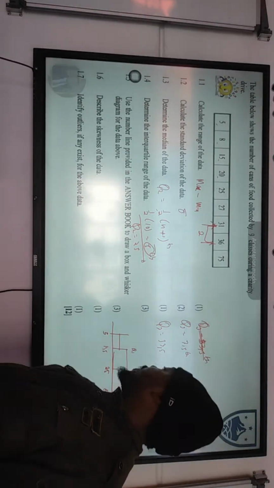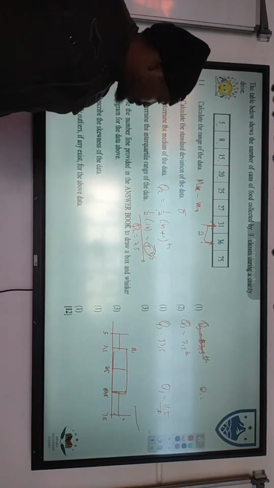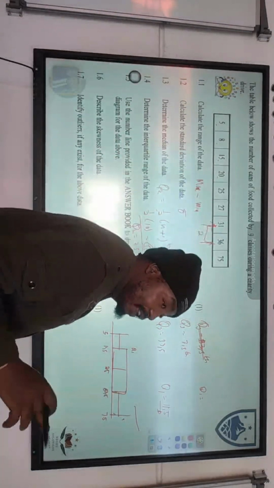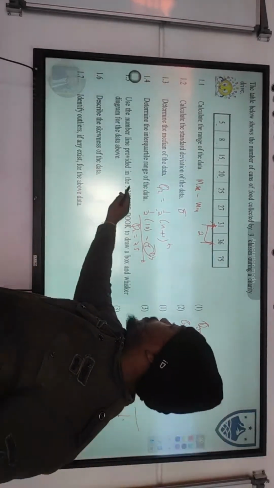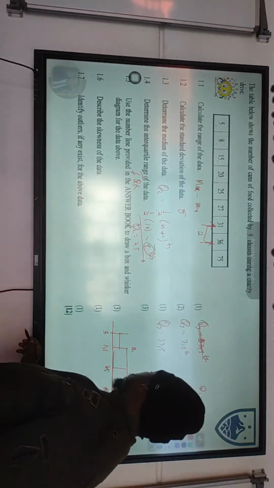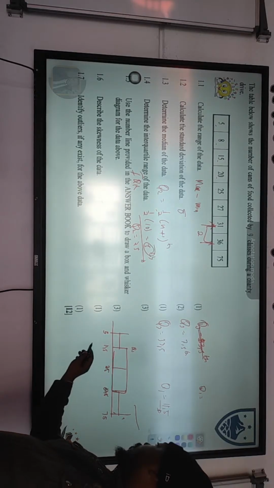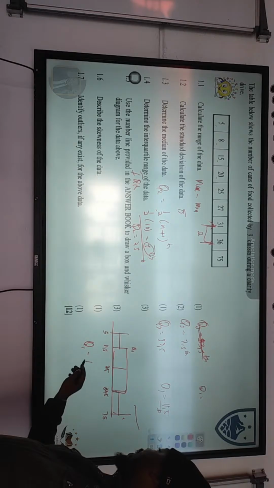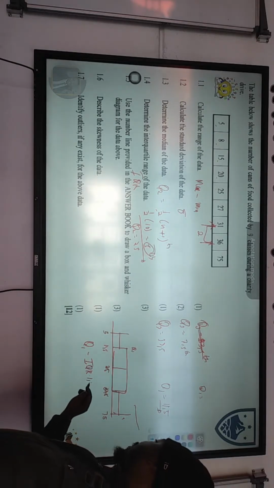And then for outliers, how do you find an outlier? IQR. So an outlier will be calculated: the lowest will be Q1 minus IQR multiplied by 1,5.